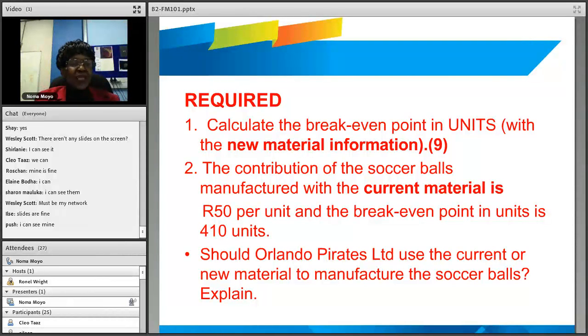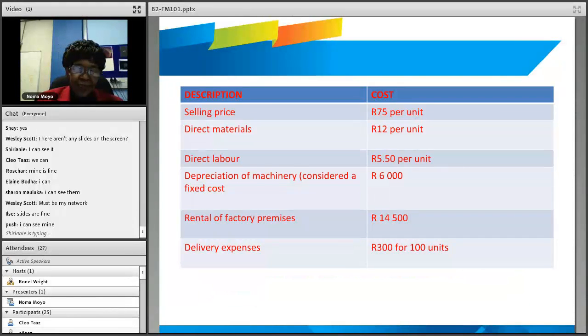How do we calculate the break-even point? We first have to have marginal income per unit, which means sales per unit, which was 75 rands, less variable cost per unit. And from what I can see, we will have to have the variable cost per unit determined.